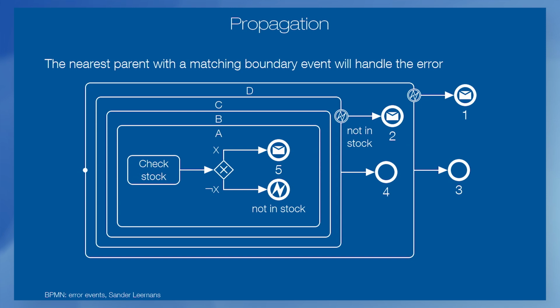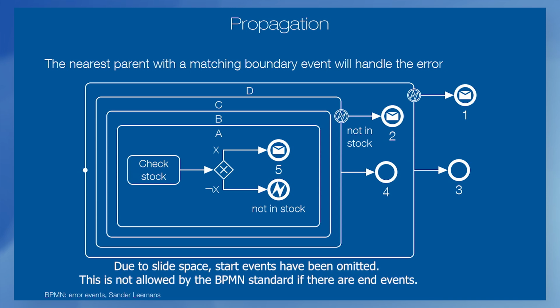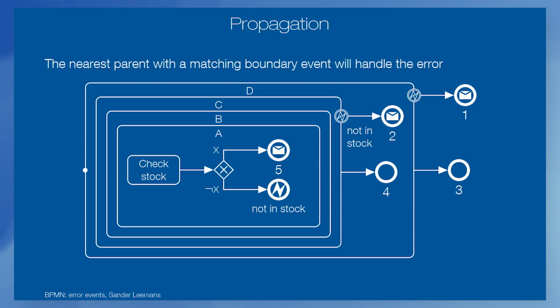Within subprocess D, which is now active, we have no start event. So we put a token on all elements that do not have an incoming sequence flow. In this case, that is C. So we put a token on C. C is now active. Within C, we have no start event, hence we need to put a token onto every element that has no incoming sequence flows.